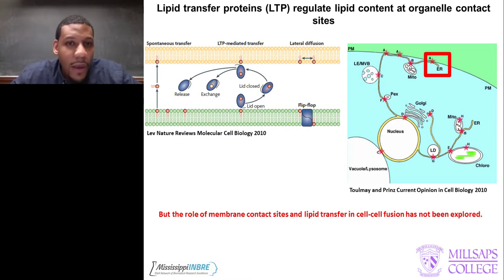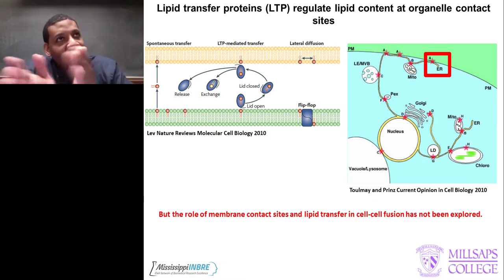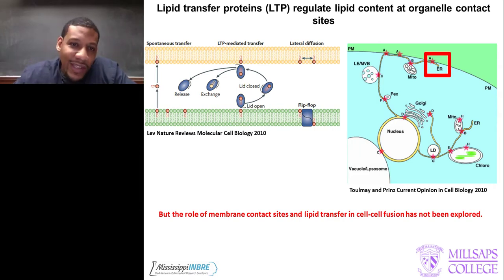So what might be the sites of membrane exchange junctions? One of the most well-characterized sites is the endoplasmic reticulum plasma membrane sites.